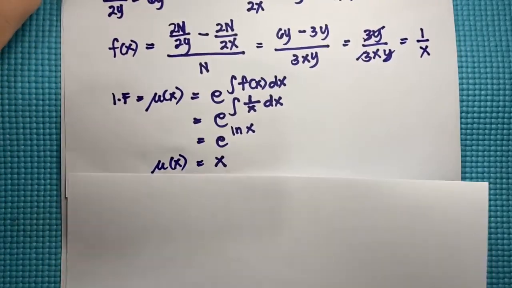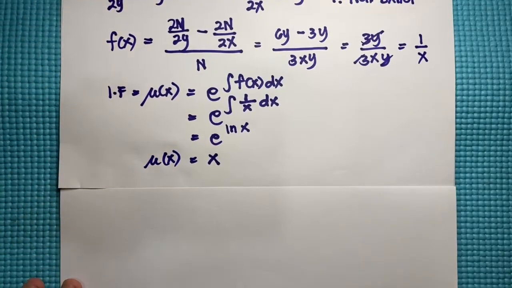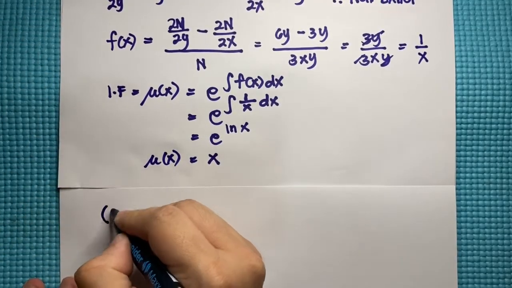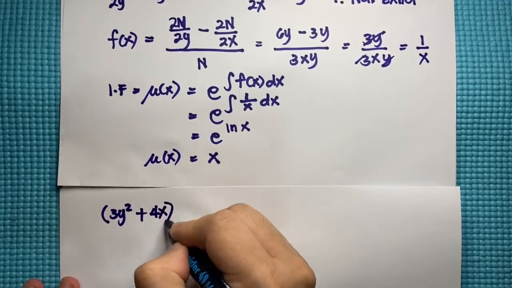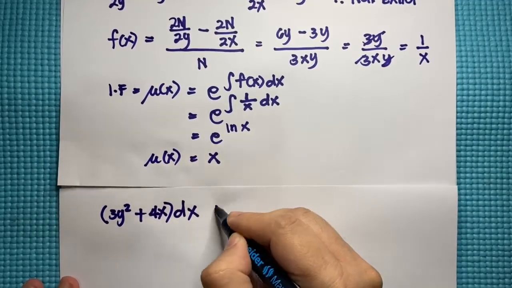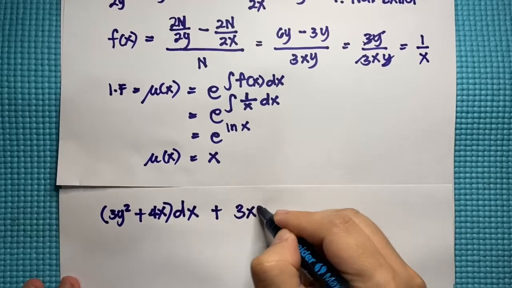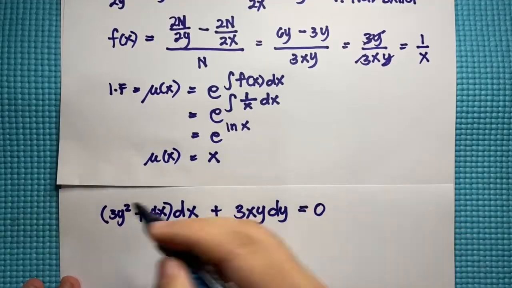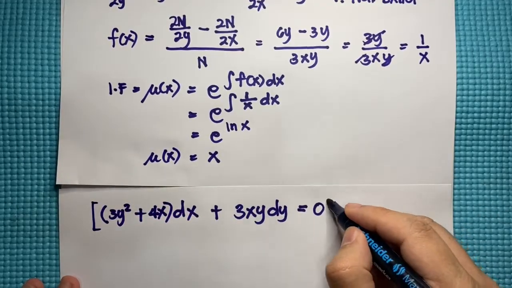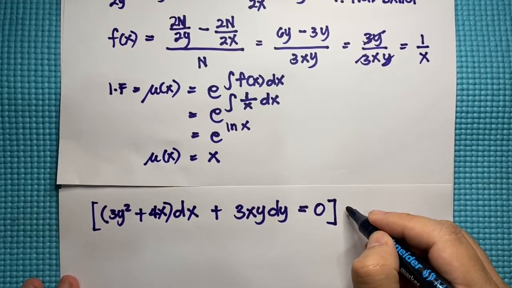Our next step now is to multiply our integrating factor to our original differential equation. Our original differential equation is (3y squared plus 4x) dx plus 3xy dy is equal to 0, and our integrating factor here is equal to x.